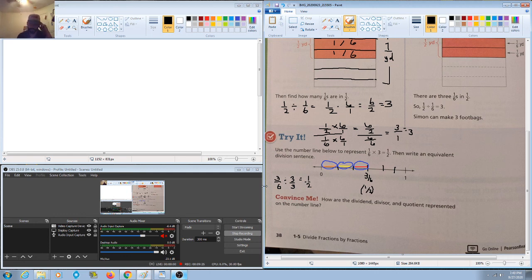Okay, so the equivalent division sentence is going to be if we take the 1/6, but instead of multiplying by 3, we divide it by the reciprocal of 3. Because before, if we had 1/6 divided by 1/3, we said that that was equivalent to multiplying by the reciprocal of 1/3, which was 3.